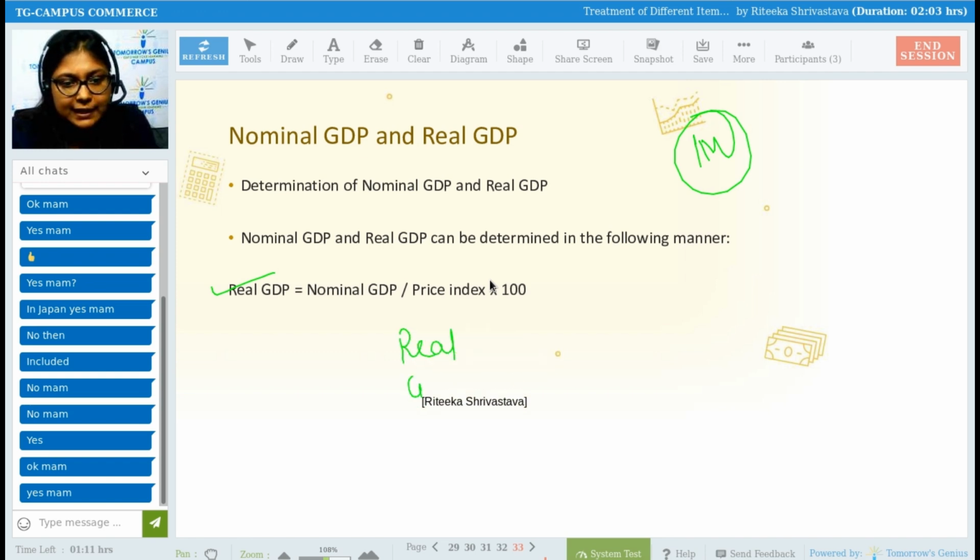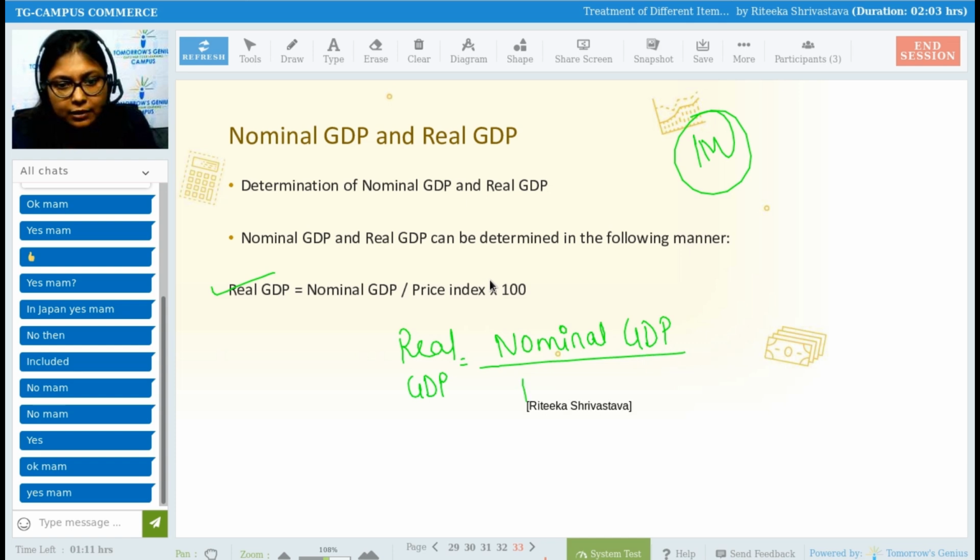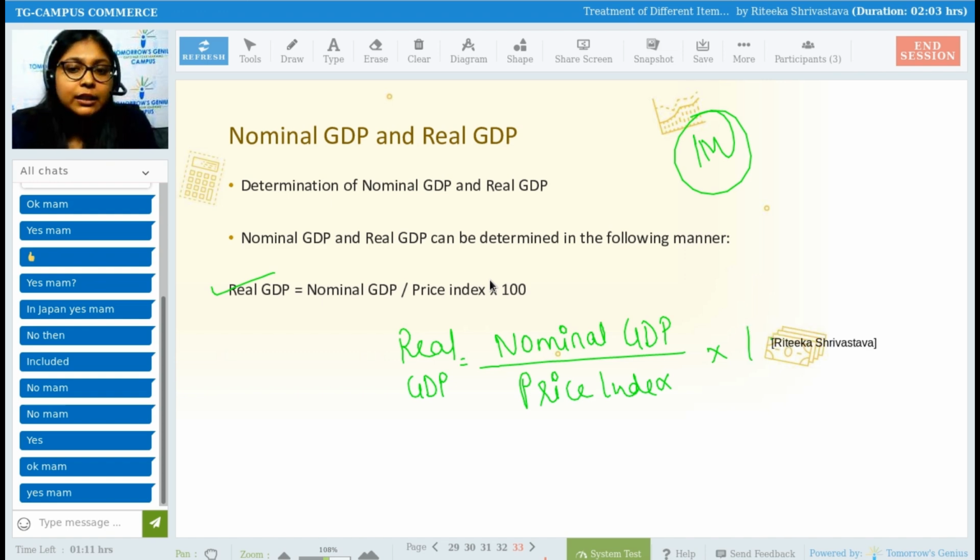Real GDP is equal to nominal GDP divided by price index, into 100. Price index is nothing but the current price over the base price, which you have already studied in the statistics part of class 11th economics. This is the formula for real GDP.